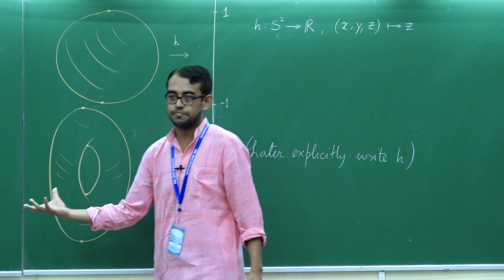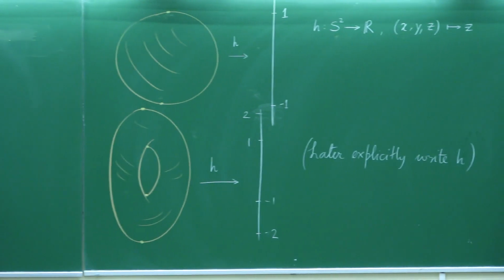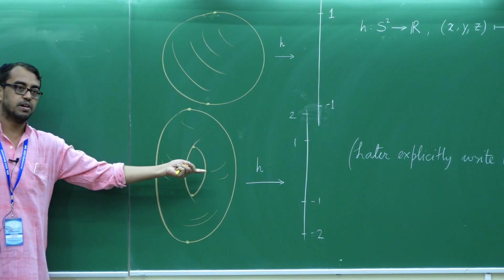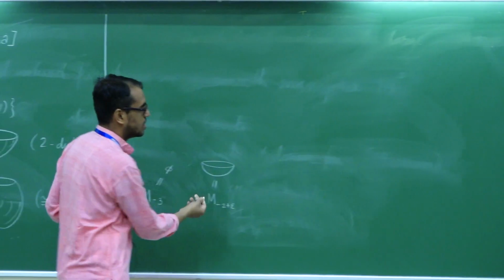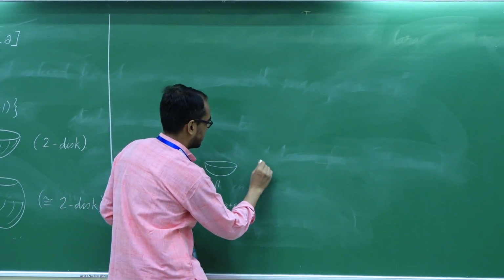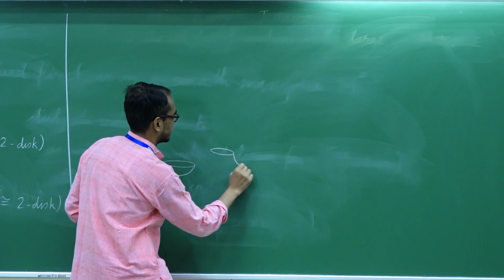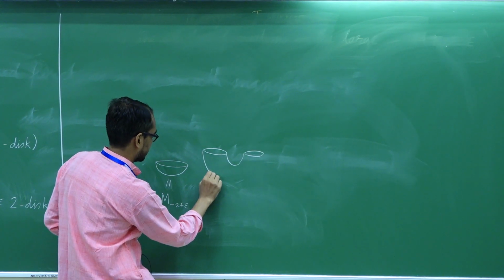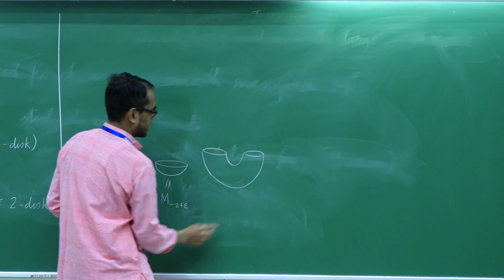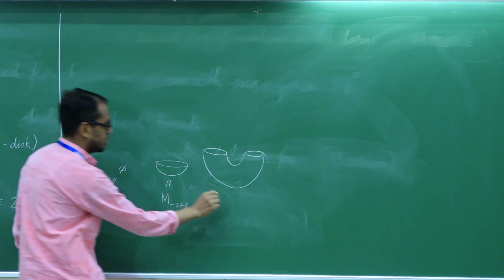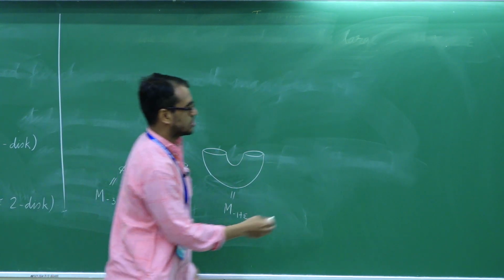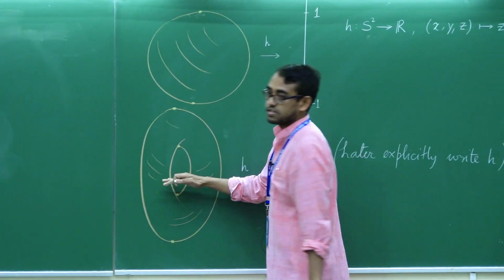Now what happens if I go slightly above this? Because this is the next critical point, I should be getting something which is very well known. I should be getting something like this, right? We're drawing at the same level. This could be your M of -1, because you've gone slightly above this critical point.